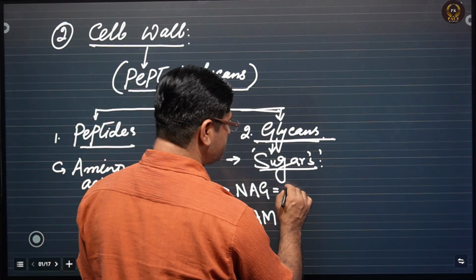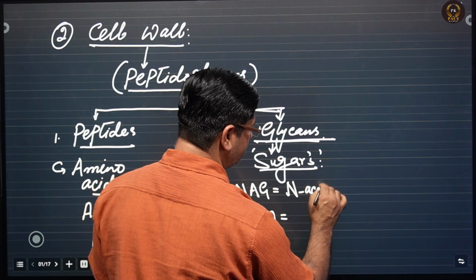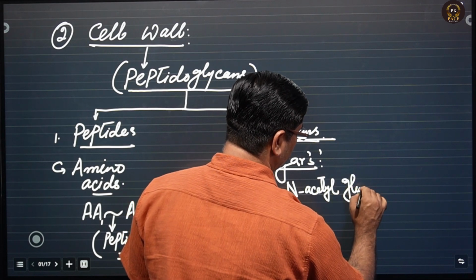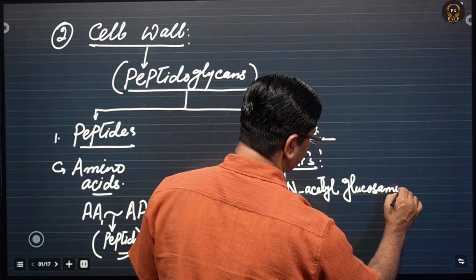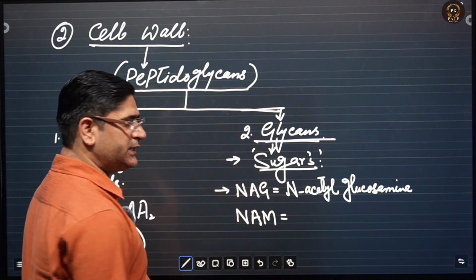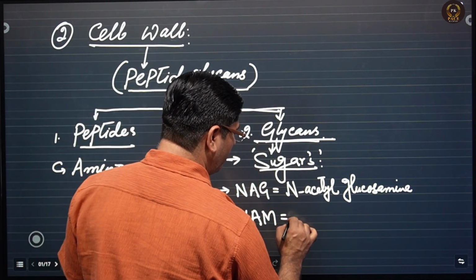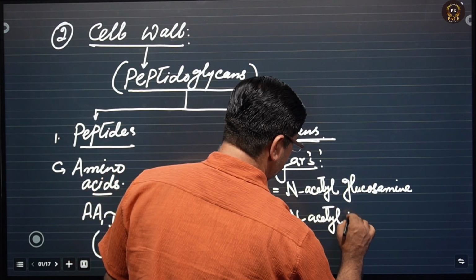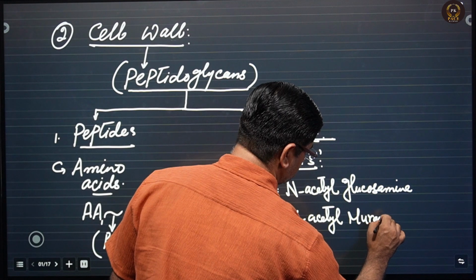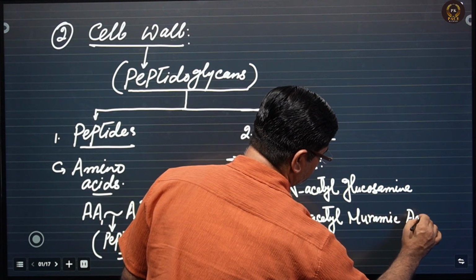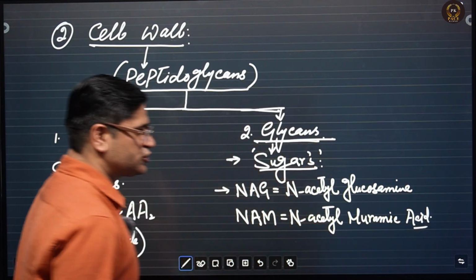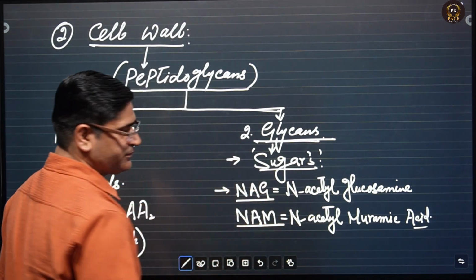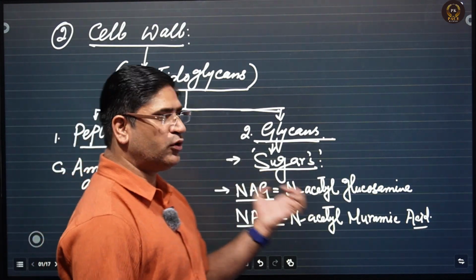NAG full form is N-acetyl glucosamine, and NAM full form is N-acetyl muramic acid.